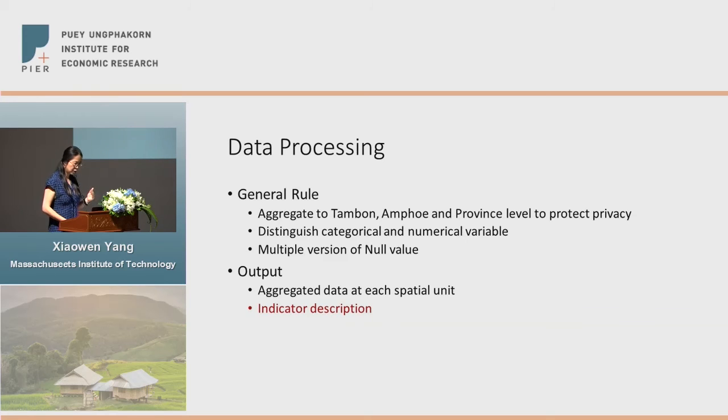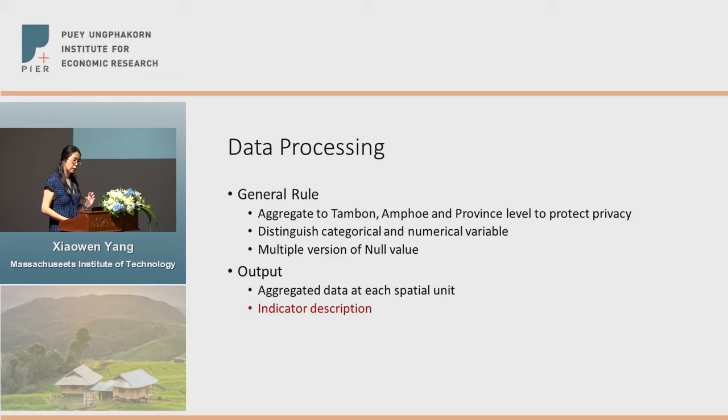But during the aggregation, we spent a lot of time just to figure out what is a null value automatically, because even for data from the same data source and different years, the null value could be different. And another time-consuming job is the indicator description. This indicator description is the major function to support the search function.